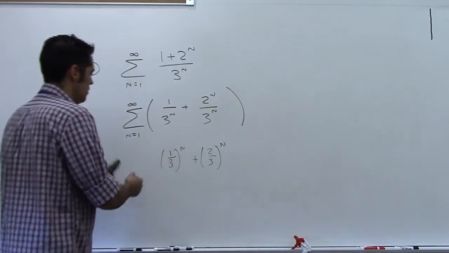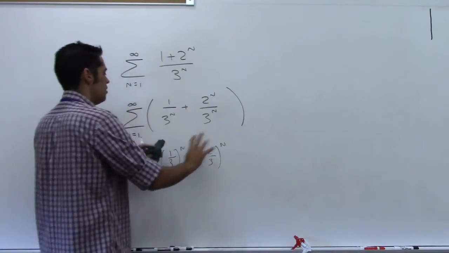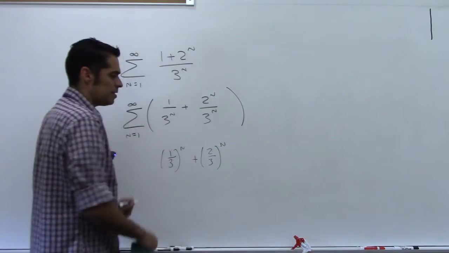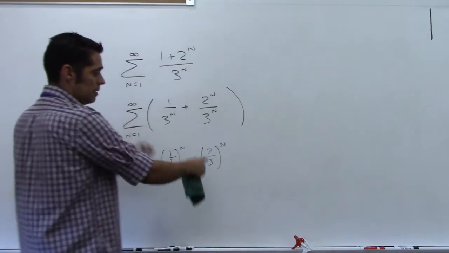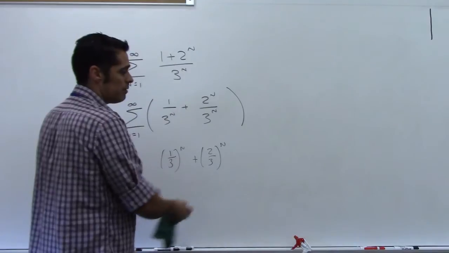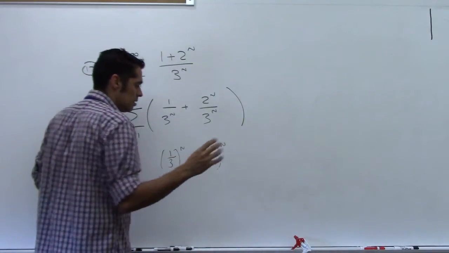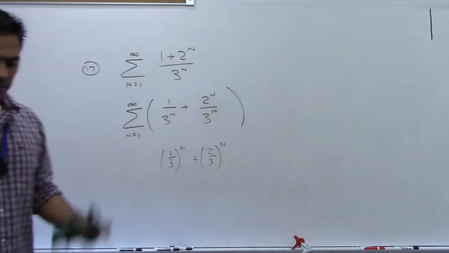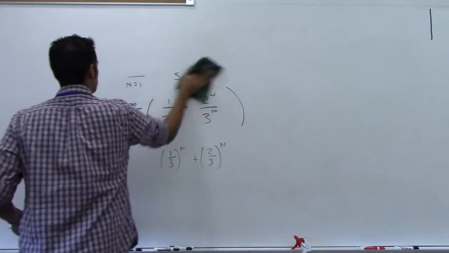And then since it starts at 1, make this an n minus 1 by seeing the hidden 0. Working them both out separately, you're going to get an a and an r for this one, an a and an r for this one. Both absolute values of the r's are going to be less than 1, which means they're both going to converge. You're going to use the formula a over 1 minus r to get that answer. Add the two answers together, that's your sum. So this one will converge, but I'm not going to show the work.